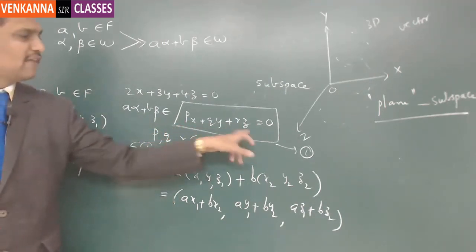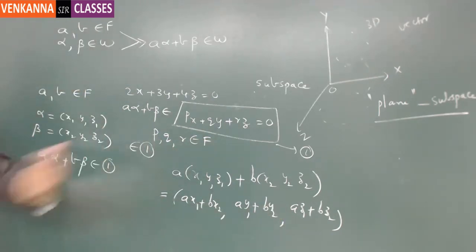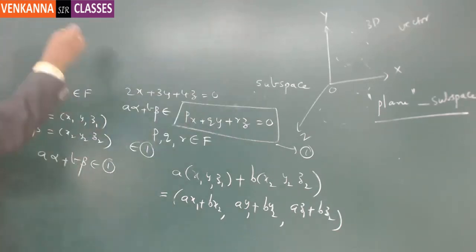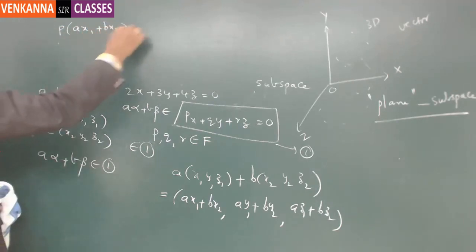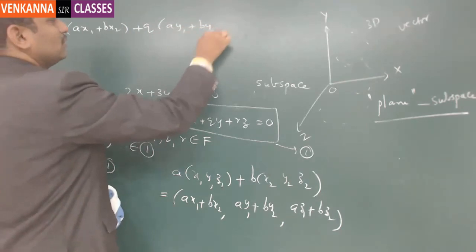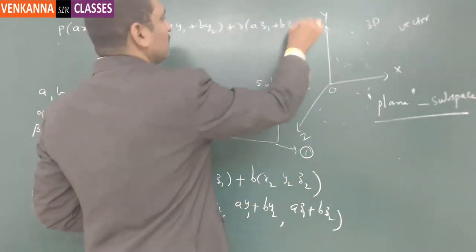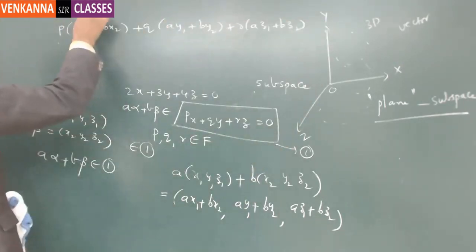So in place of x, y, z, I substitute these coordinates and I should get the result as 0. So p into (ax1 plus bx2) plus q into (ay1 plus by2) plus r into (az1 plus bz2) equal to 0. I should prove the result is 0.